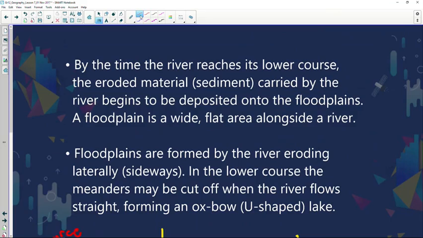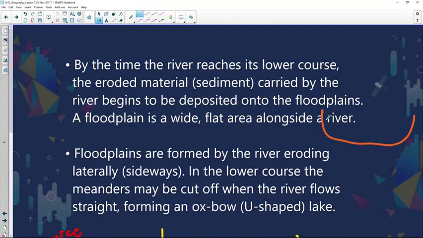The load carried from the upper to the middle course is deposited in the lower course because of the flat gradient and the volume of water, and the riverbed will have an open shape, much wider than the upper and middle course. Floodplains are formed by the river eroding sideways, and in the lower course oxbow lakes develop, which we will discuss in the next couple of slides.